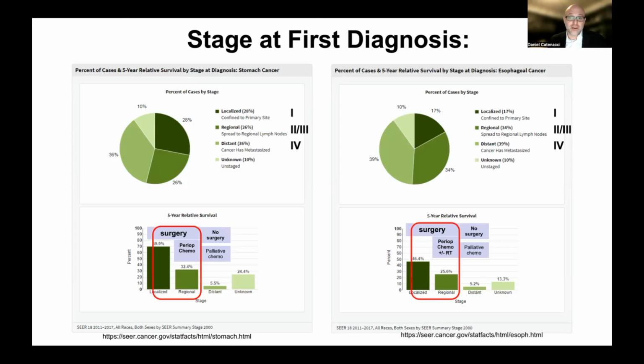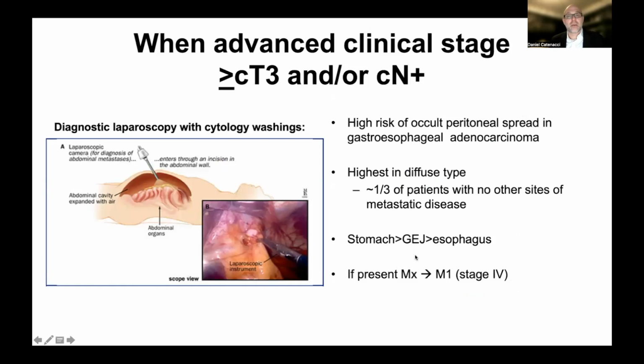So here on this figure, we're talking about this localized and local regional or locally advanced form of cancer in the stomach and the esophagus. One final point, and we talked about at length in the how do we diagnose and stage cancer, is in the setting of a cancer that is staged clinically as being T3 or higher, which is a very common T stage for both esophagus and gastric cancer, and or any T-stage but node positive disease on imaging and endoscopic ultrasound.